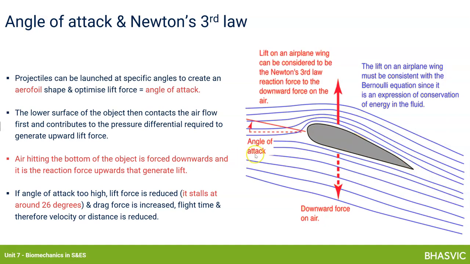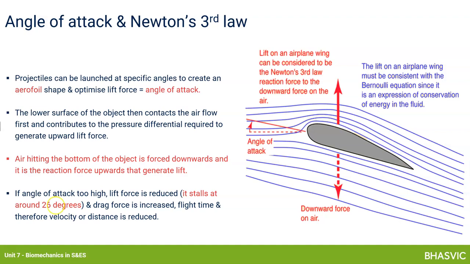It's directed downwards, so is the airflow underneath. We've got this downward air force, therefore we've got this reactionary upward air force, and that is lift. Be mindful that certain objects have an optimal angle of attack. So too much, as the video explained, and the object, it could be a discus, it could be a frisbee, will stall, will not fly through the air.